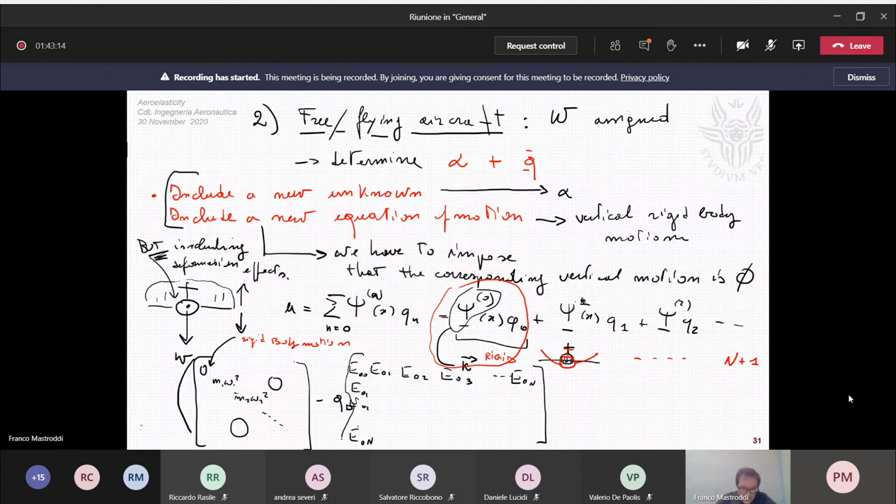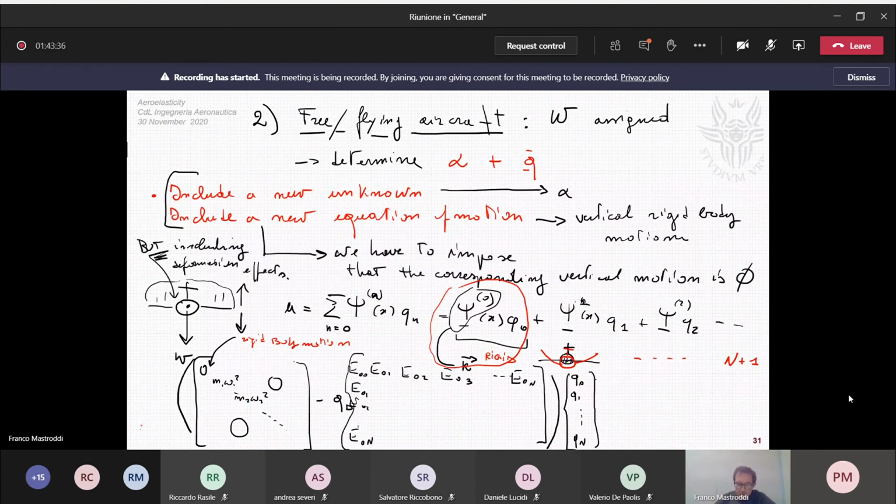And this matrix is applied initially to the vector Q0, Q1 up to Qn.